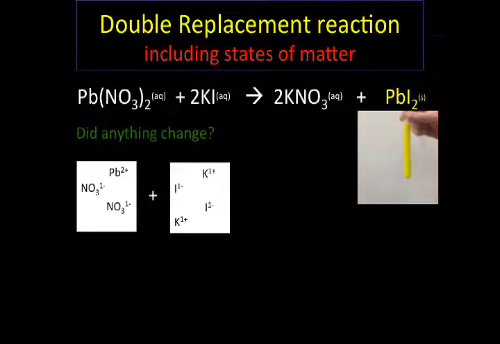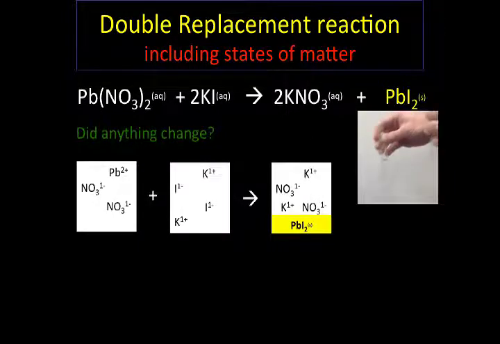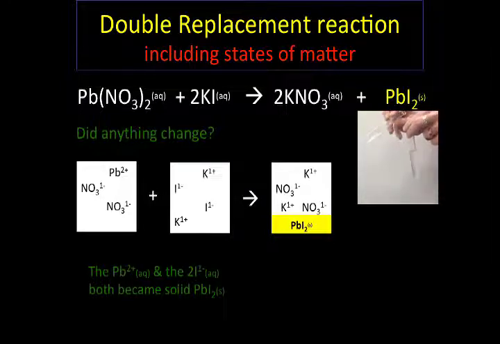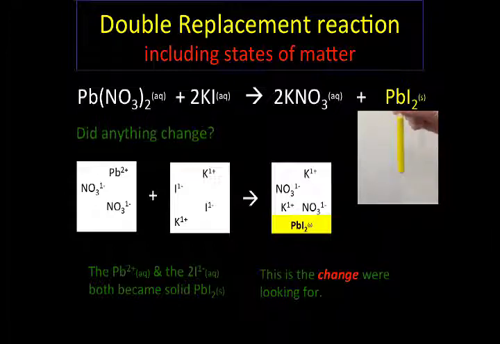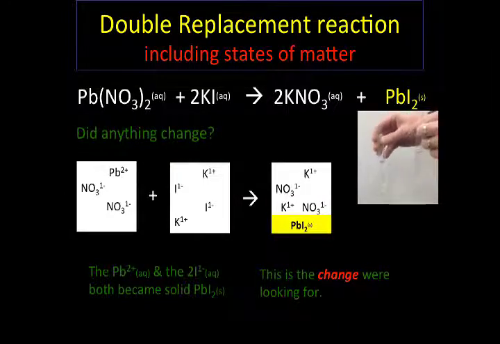When you mix them together, in this case in the same test tube, you see that the two Ks don't change and the two nitrates don't change. They were individual potassiums and individual nitrates floating around in the water, and they didn't change. You can see in the reaction up there that the KNO3 on the right side in the products is still aqueous.